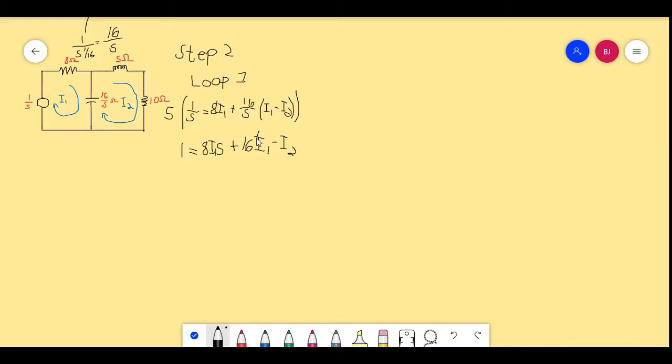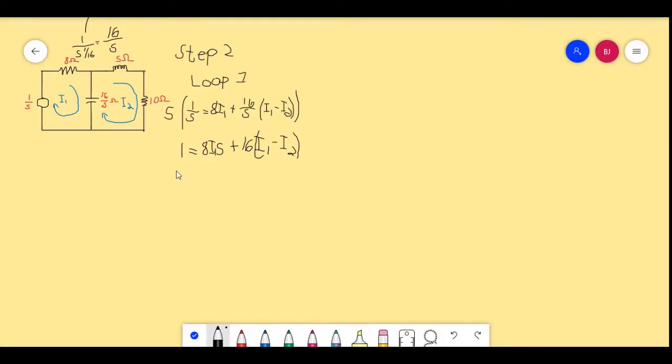Don't forget the parentheses. Now you might be asking, would it be all right to actually distribute the 16 already, or multiply the 16 with I1 and I2? Well, that is something that you could do already, and in one of the computations we would actually do that.